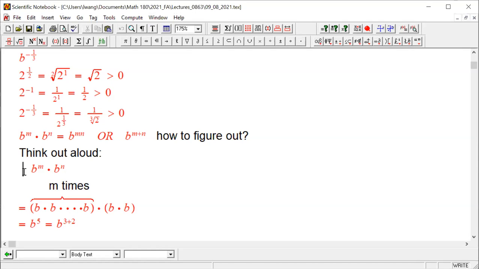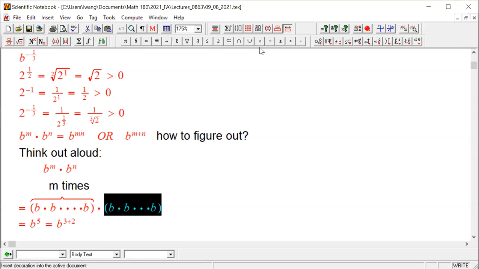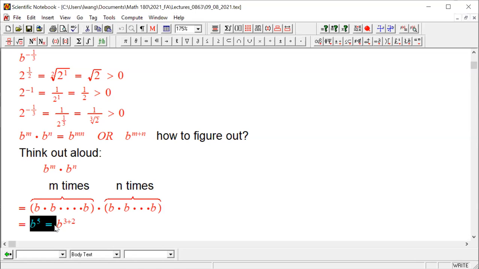On the b to the power n, what I will have is b times b times, and there will be n of them. So this is n times. So m times multiplied by n times of b. You just count: 1, 2, 3, 4, m plus 1, m plus 2, m plus 3, and so on. So this is going to be what? m plus n.